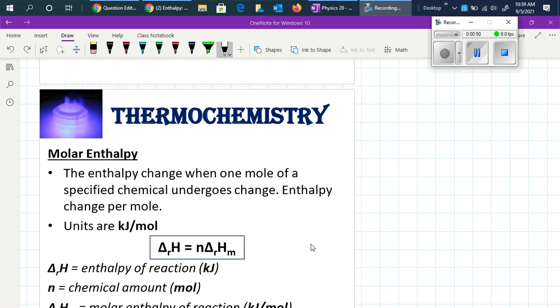And if the units for the enthalpy are in kilojoules, then the units for molar enthalpy will be kilojoules per mole. Now, the delta is the change in this reaction, the change of state, final minus initial.